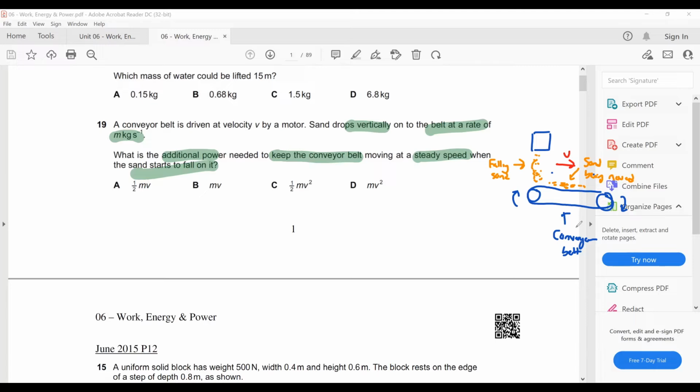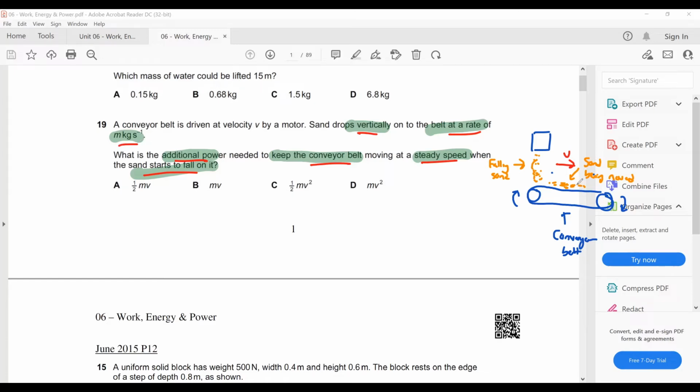All right, to move this sand with a certain mass at a certain velocity v, you need power. Okay, the question is asking you what is the additional power needed to keep the conveyor belt moving at steady speed when sand starts to fall on it. All right, sand is dropping vertically onto the belt at the rate of m kg per second.